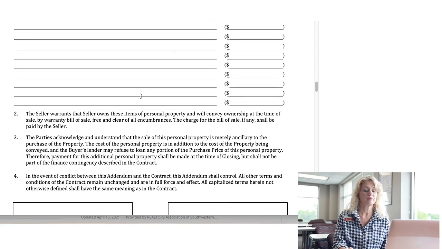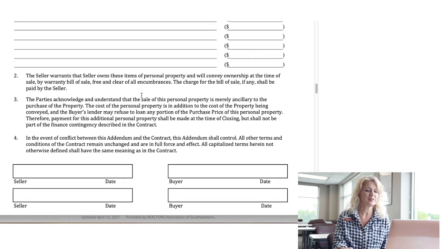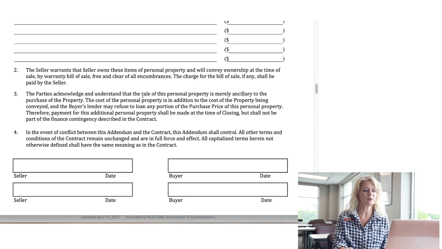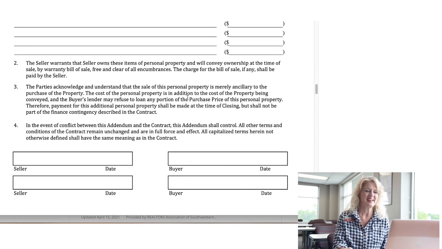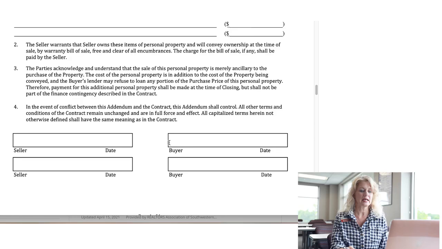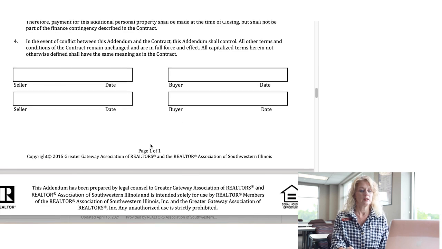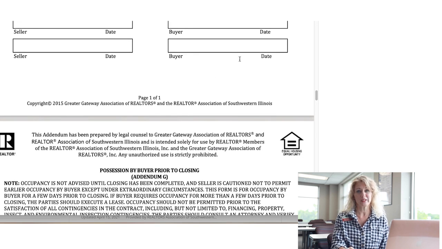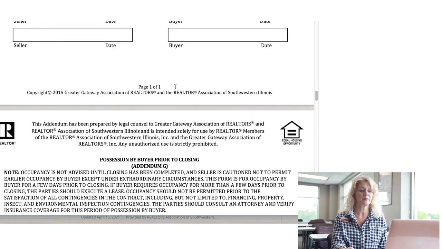So, of course, you want to do that within reason, and if it's a hot market, don't be overzealous. But this is where you would list that personal property. Buyer and seller would sign if seller's in agreement, or sometimes this is a term that the seller would counter offer on. But you definitely want to remember to include that personal property addenda with any offer that you present that does involve personal property.